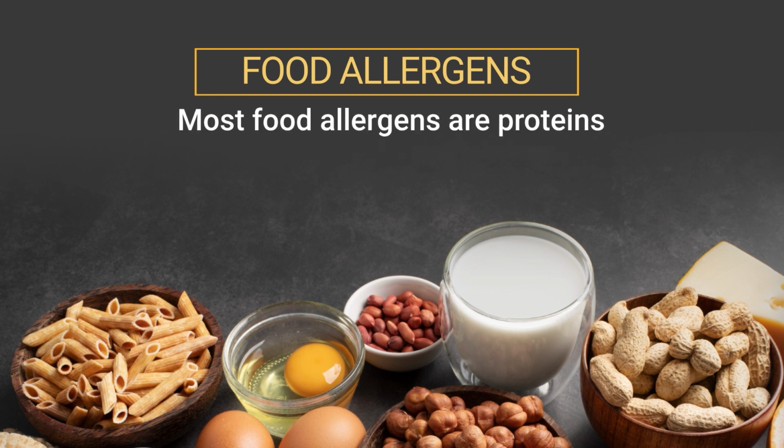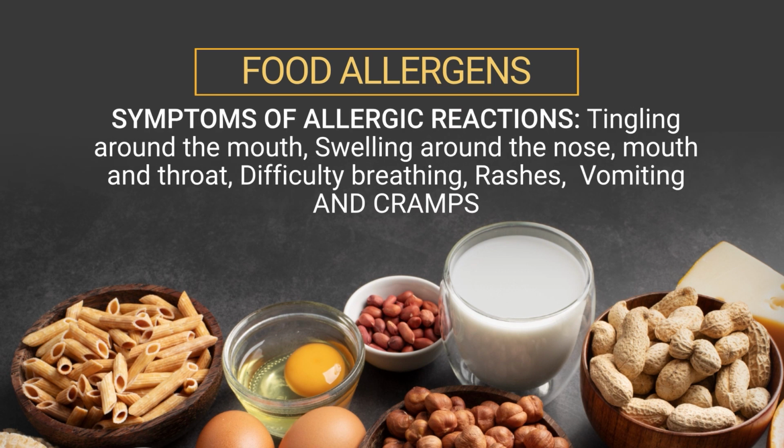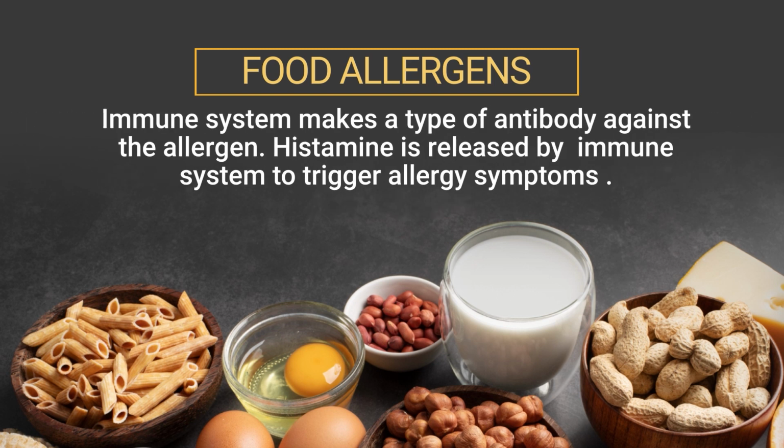Mostly, food allergens are proteins, and the allergic reactions include tingling around the mouth, swelling around the nose, mouth and throat, difficulty in breathing, and rashes. What happens is that the immune system makes a type of antibody against the allergen, and histamine is also released by the immune system to trigger allergy symptoms. That's why we get allergic reactions.